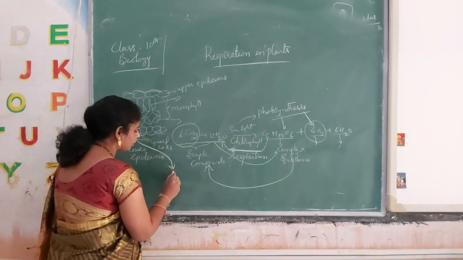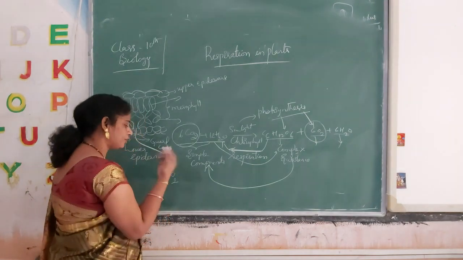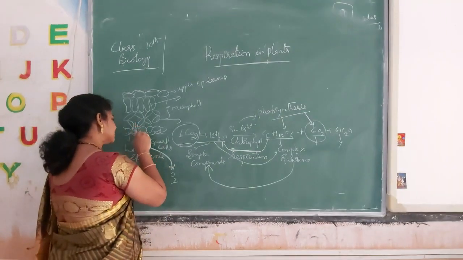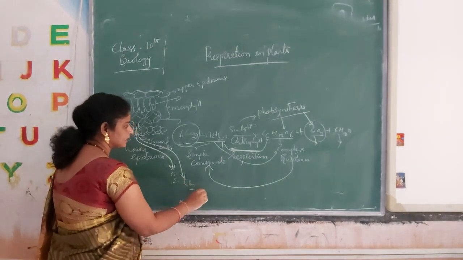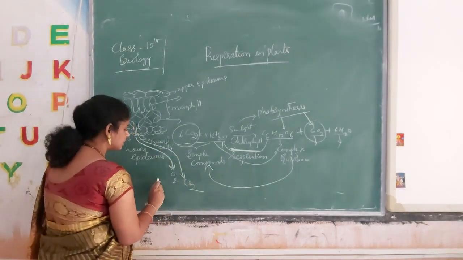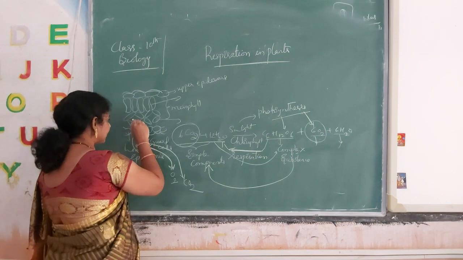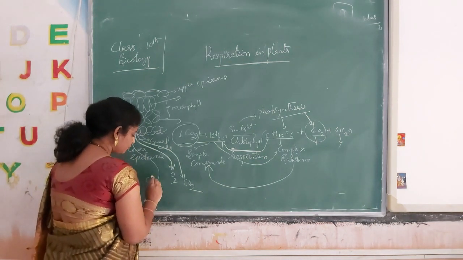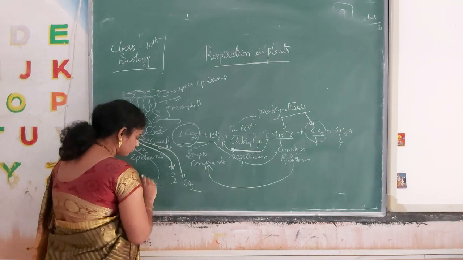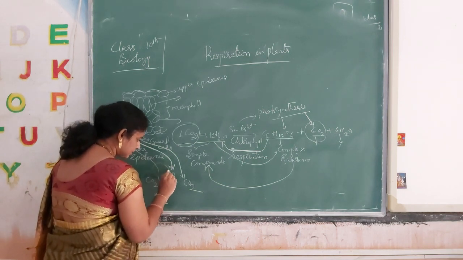Which gas is coming out? Oxygen is released during photosynthesis. Which gas is released during respiration? Carbon dioxide. During photosynthesis, carbon dioxide is going inside and oxygen is coming outside.